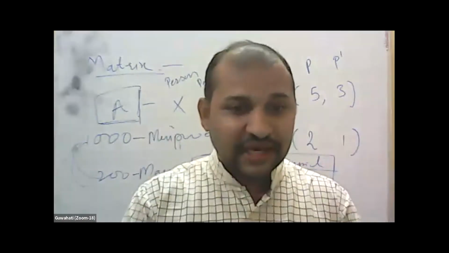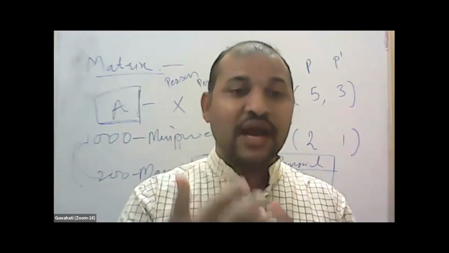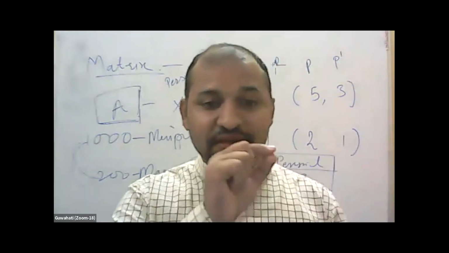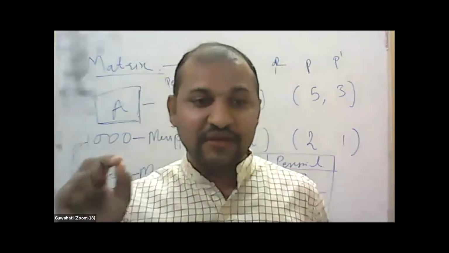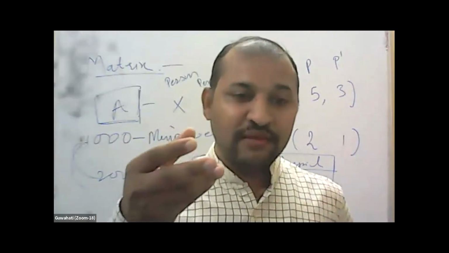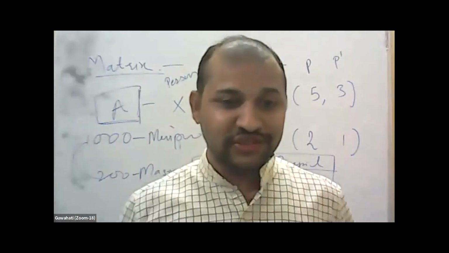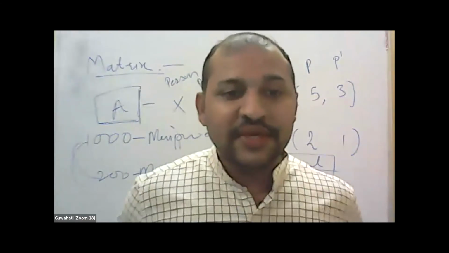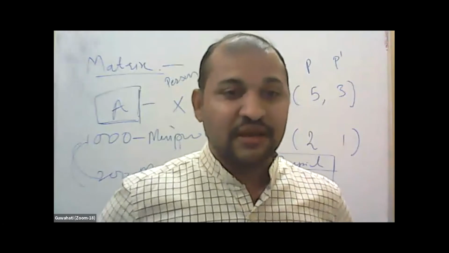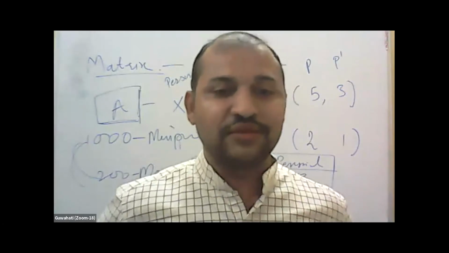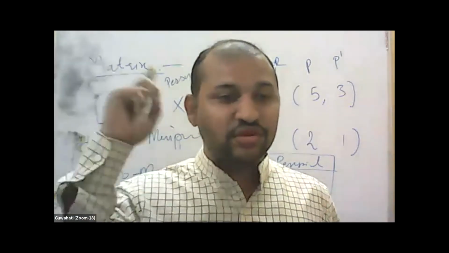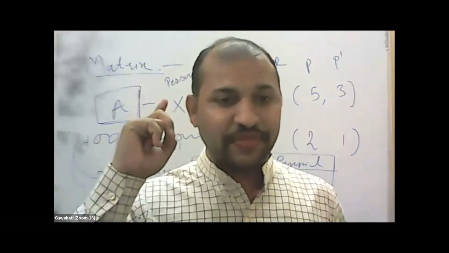I will use variables and write, for each and every person, a combination of some of the machines. I will write equations and try to solve them. The solution of these equations is nothing but the solution of my original problem, right?